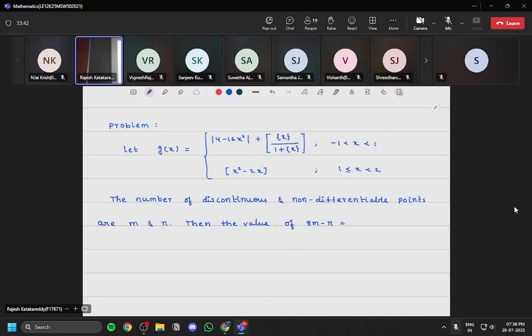Then what can we say? Numerator, denominator. In the fraction, the numerator and denominator will be lying in between zero and one.